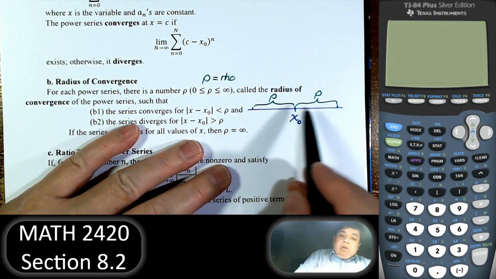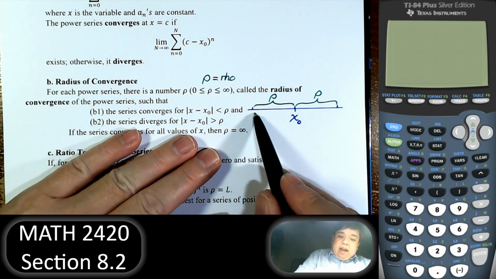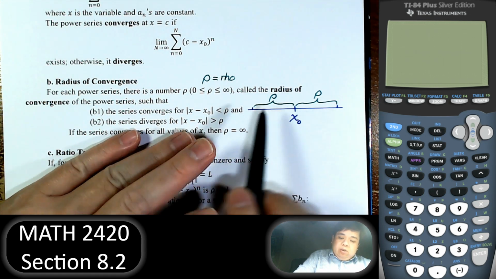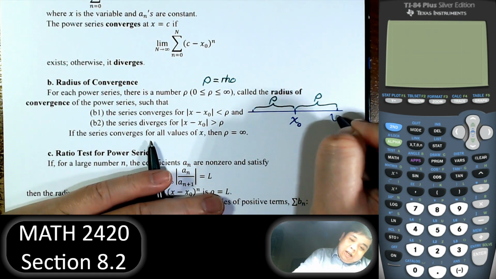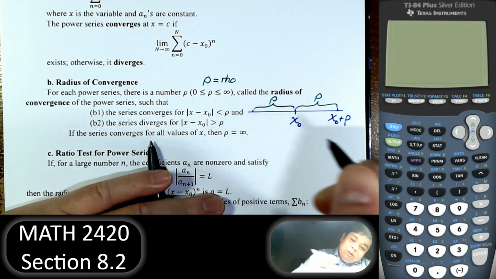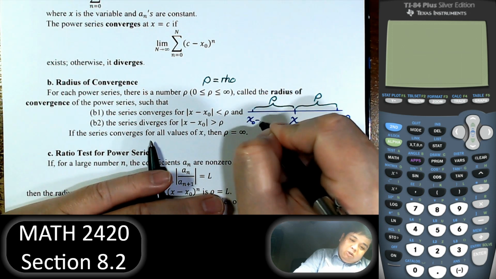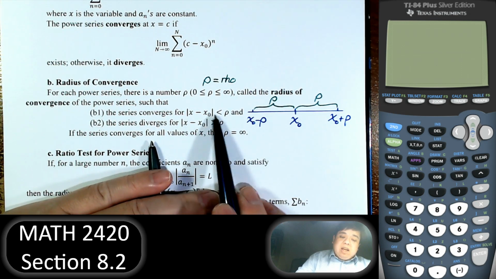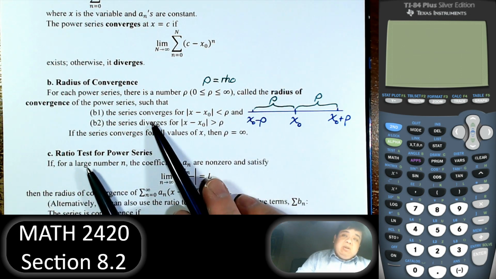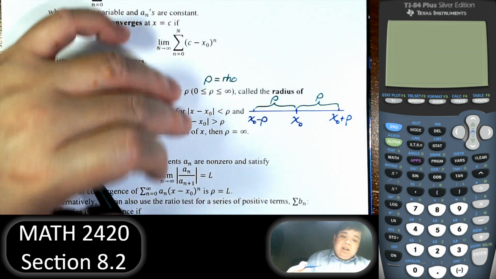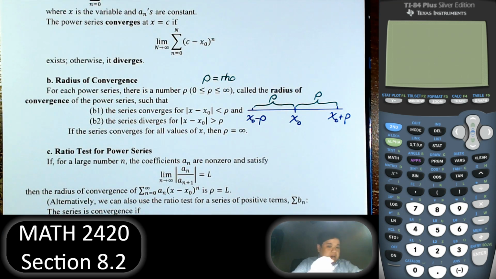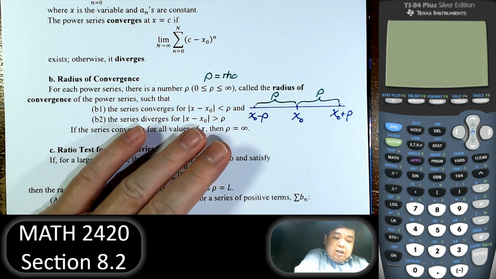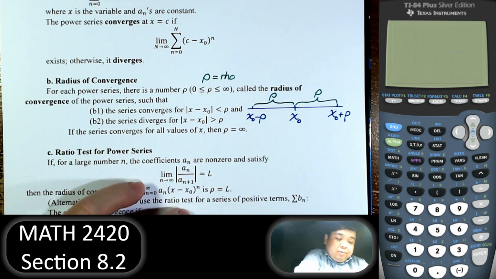The series will converge if x is between x0 minus rho and x0 plus rho, or if the absolute value of x minus x0 is less than rho. If it is on the outside, it will diverge. If the series converges for all values of x, then rho equals infinity.